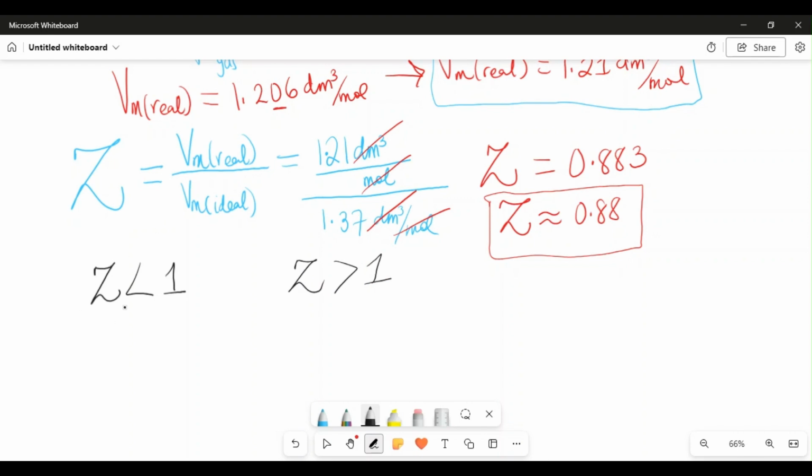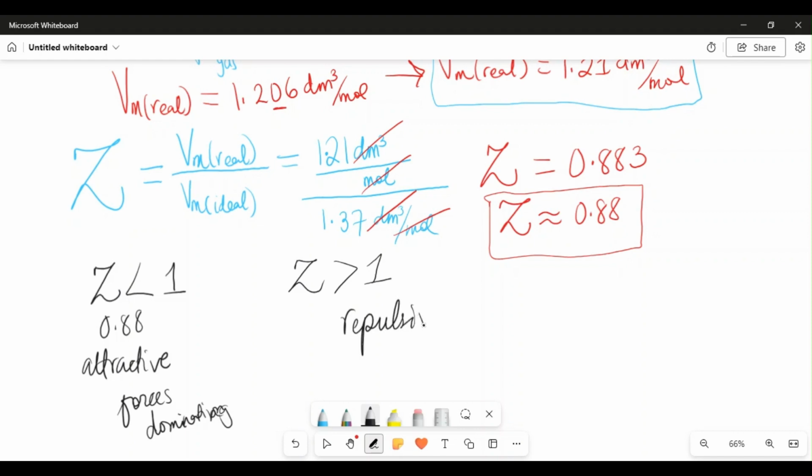When Z is less than 1, when the compression factor is less than 1, 0.88 like in this case, the attractive forces will dominate in the sample. But when the compression factor Z is greater than 1, the repulsive forces dominate.